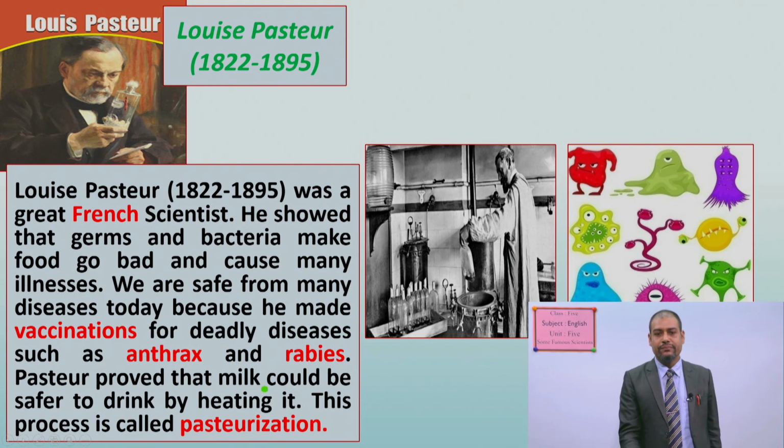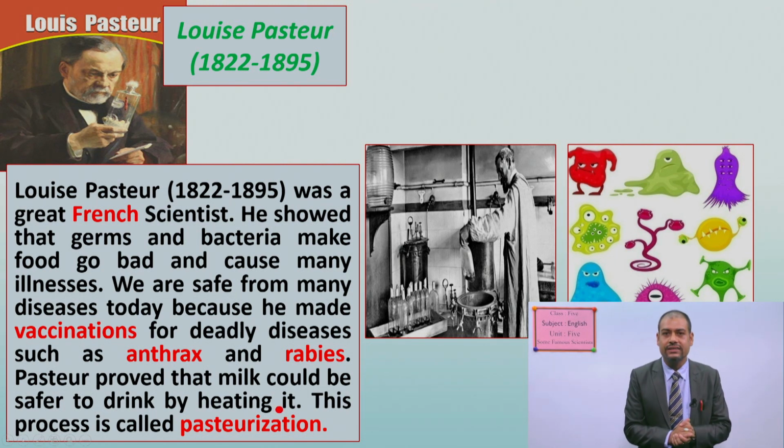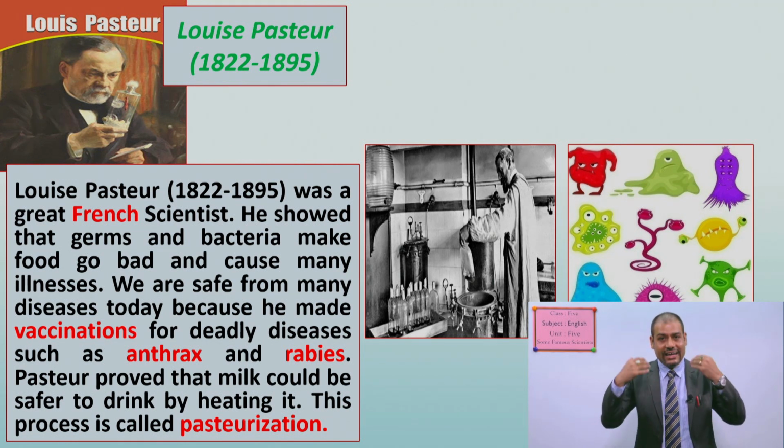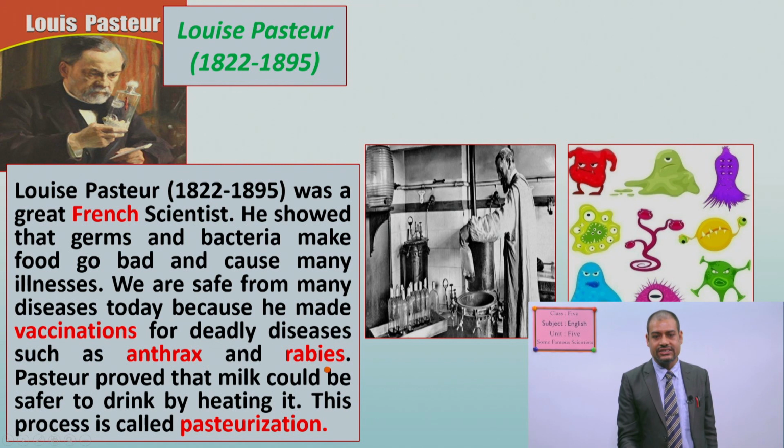Pasteur proved that milk could be safer to drink by heating it. See, if we keep milk for a long time and if we don't heat it, then it is not good for our health. But we can make it safe by heating. And that process of heating milk and making it safe is pasteurization.